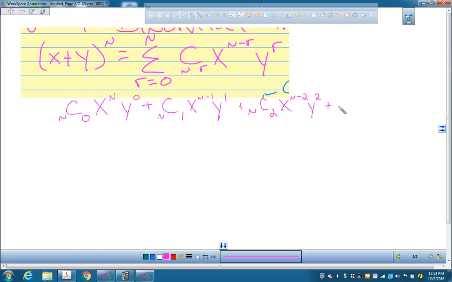And you keep going like that until you get to the last term, which is nCn, x to the 0, y to the n. So this starts at 0 and ends at n. This starts at n and ends at 0.